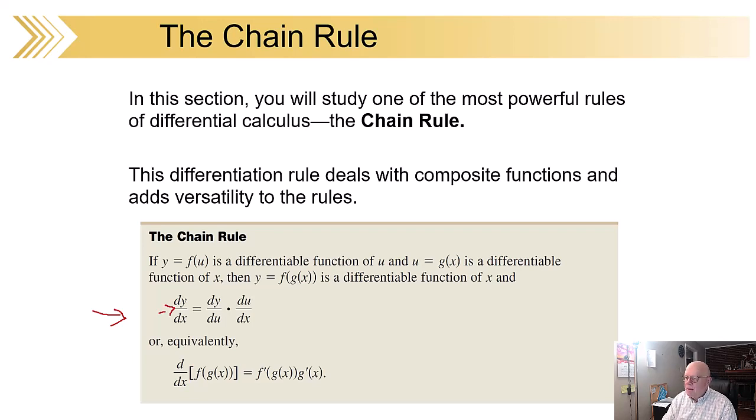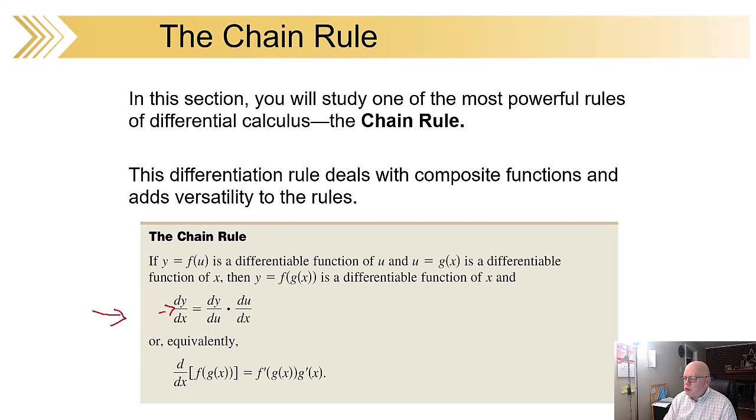Simple. Now this one is dy/du, and you're thinking, what? Well, if we use u instead of x, we'd have dy/du. That's very simple. The second one is du/dx. Well, if you had u expressed as a function of x, then you can get du/dx. It all works together except different letters.